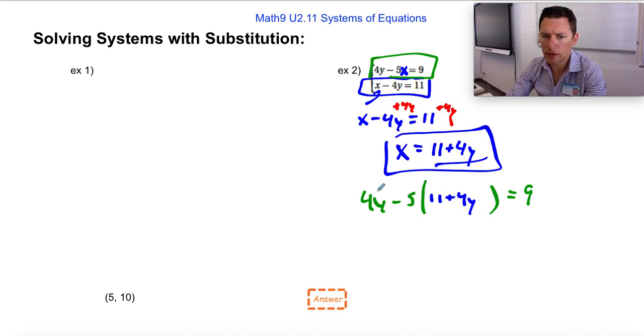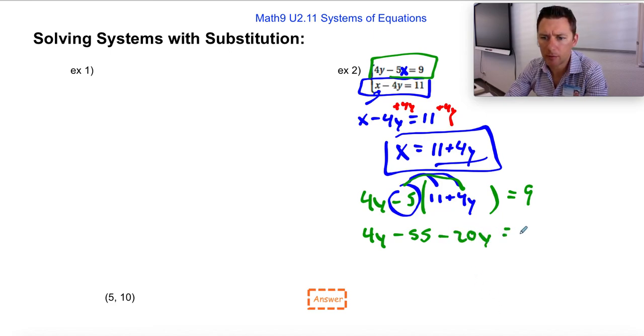And then what we can do is distribute this negative 5 in. Careful that the negative goes with it. You still get 4y, but then negative 5 times 11 is negative 55, and negative 5 times 4y is negative 20y's equals 9. Okay, fine.